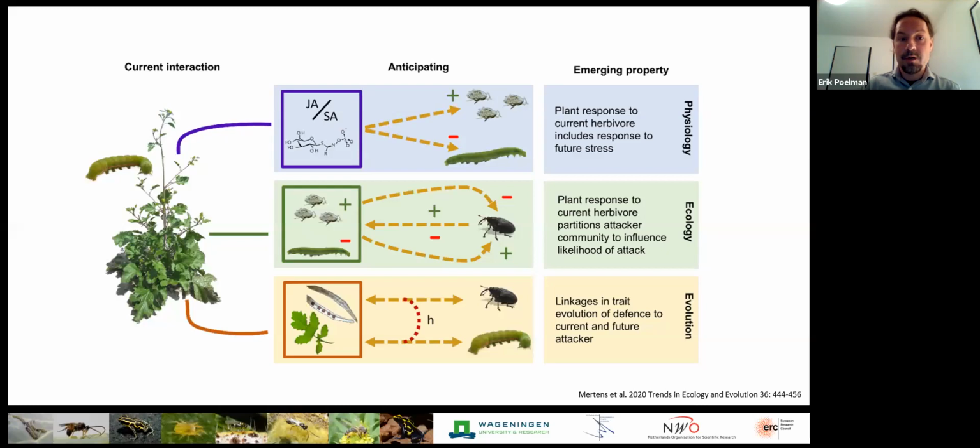So I think if we are placing the interactions that we study back into a community perspective, we should start to identify how the data that we have, or the focus that we have had on pairwise interactions, now translate into new concepts for a community perspective.